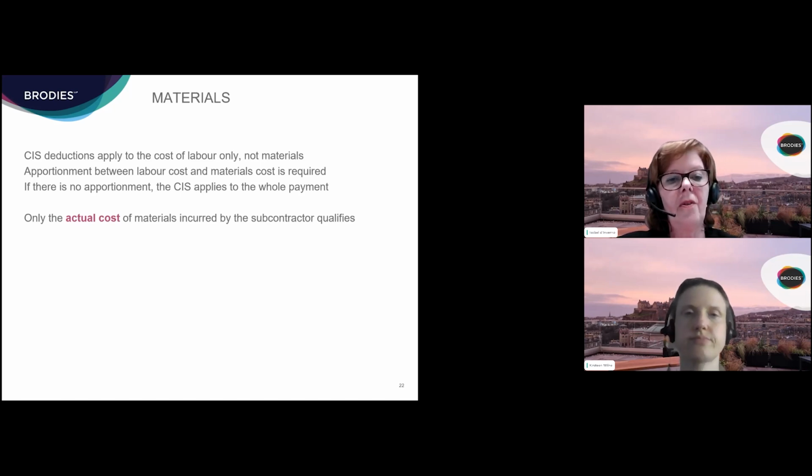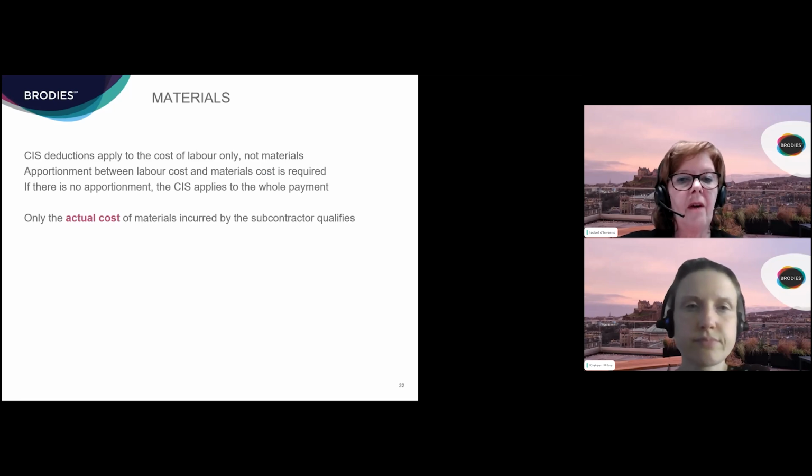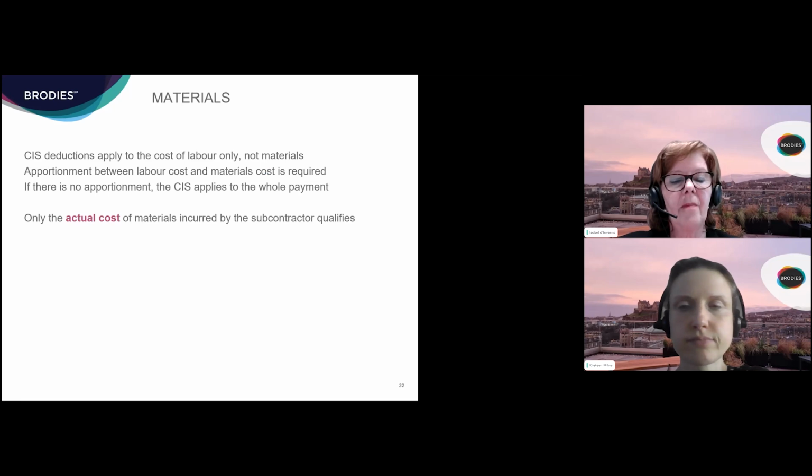And due to a recent change a few years ago, only the actual cost of materials incurred by the subcontractor qualifies for being excluded from the CIS. So you can't have a kind of markup on the materials. But it is a fact that if there's no apportionment, then the CIS can apply to the whole payment, which is not what people expect at all.